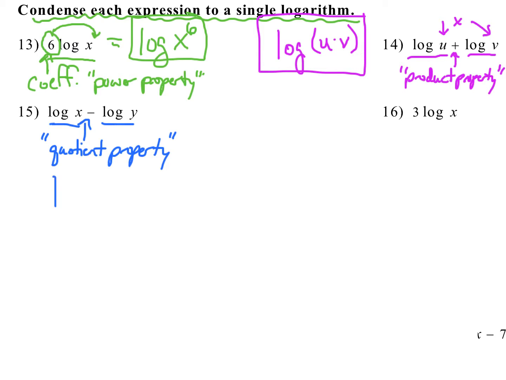So log of x divided by y. You always take the positive one, in this case the x, and that becomes the numerator, and then the y, which is the log that's being subtracted, becomes the denominator.